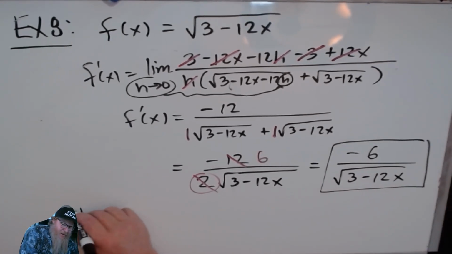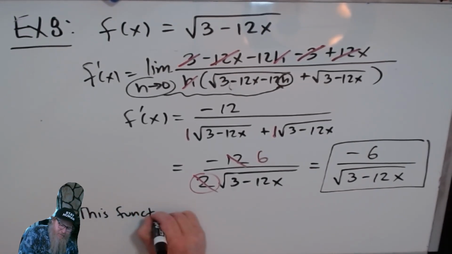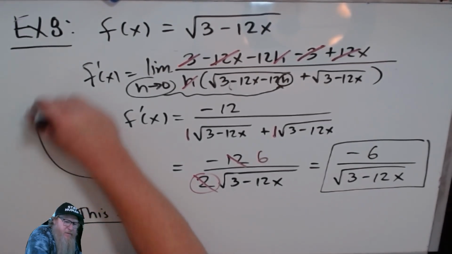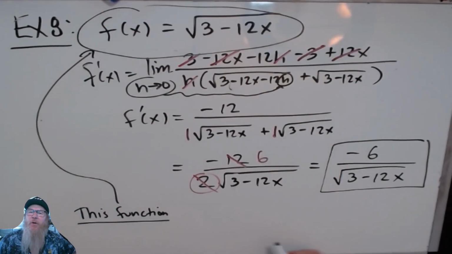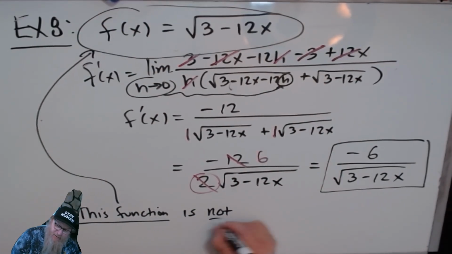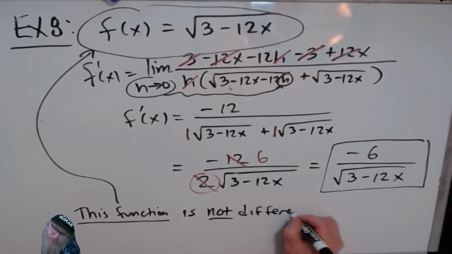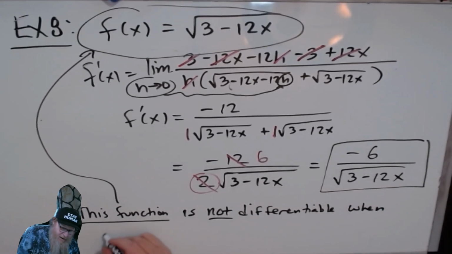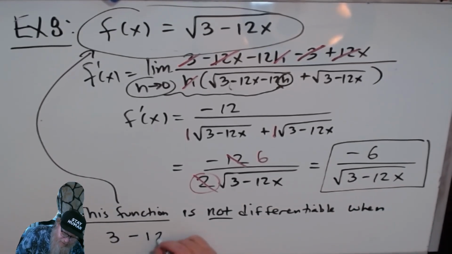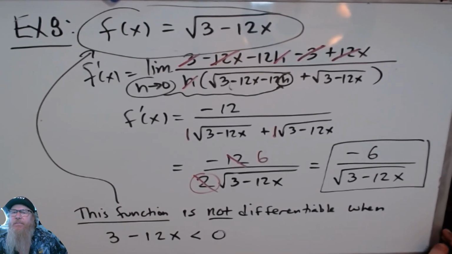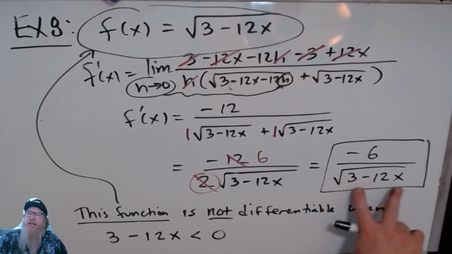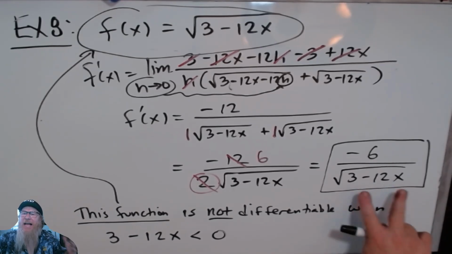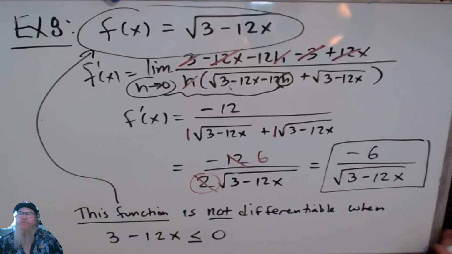So, this function has a terminal point, so it is not differentiable when 3 minus 12x is less than 0. So anytime that this function is less than 0 or equal to 0.